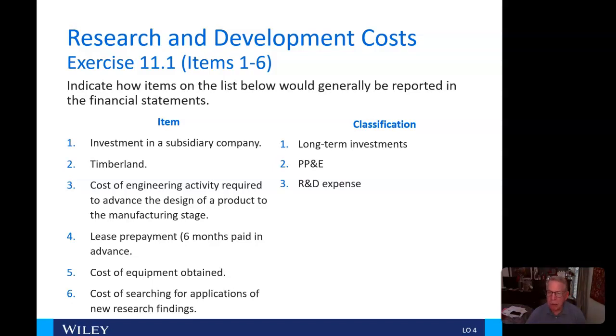Lease prepayment, 6 months paid in advance, that's an easy one, prepaid rent. Cost of equipment obtained, PP&E. And lastly, the cost of searching for applications of new research findings, again, R&D expense.